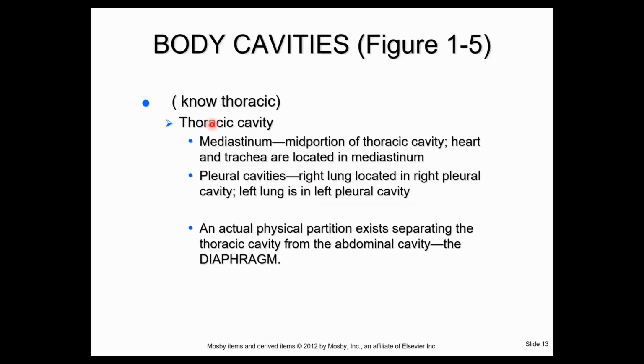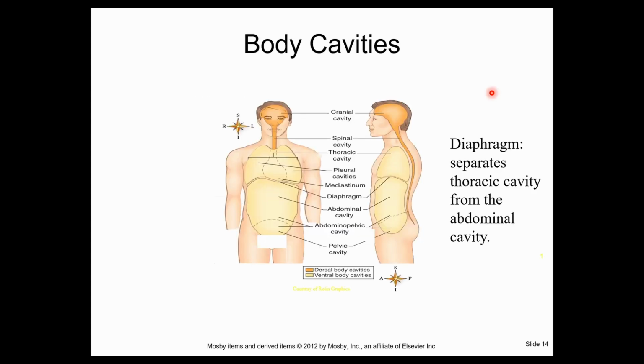Okay, let's now look at the cavities. There are 2 largest cavities in the body, the ventral and dorsal. Here is the picture of the ventral and dorsal cavities. What does the ventral cavity consist of?